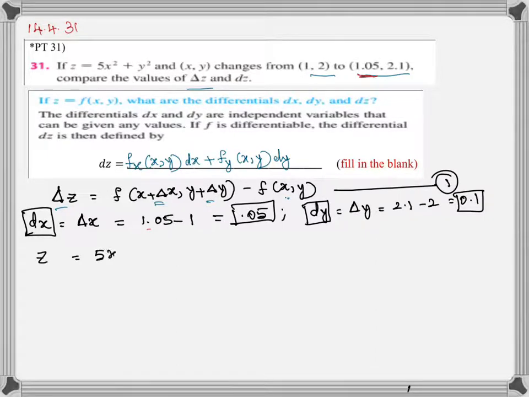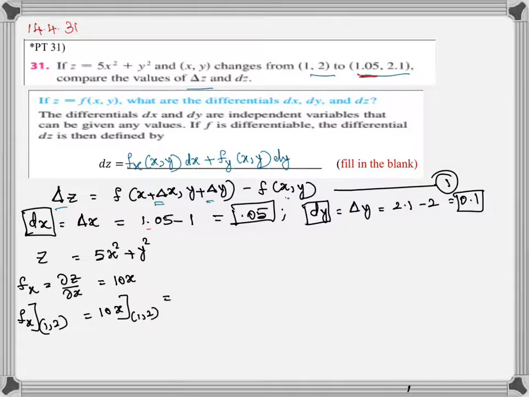So z is 5x squared plus y squared. We can determine f sub x, the partial derivative of f with respect to x, which means you keep y constant and differentiate z with respect to x, which is 10x, evaluated at the original point (1, 2).